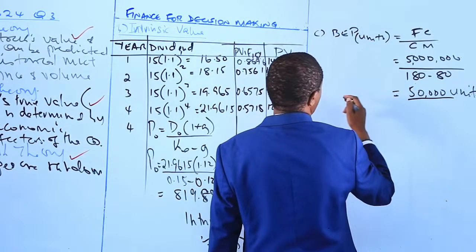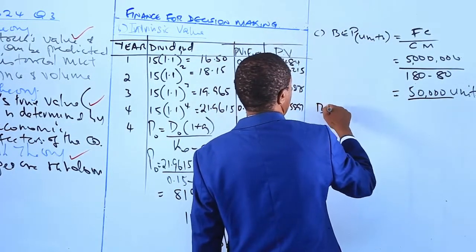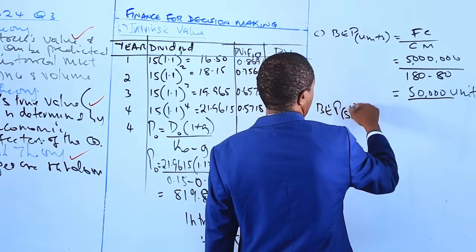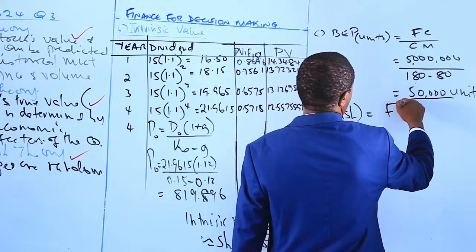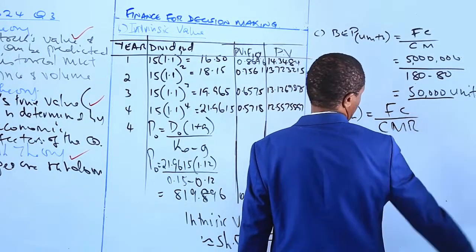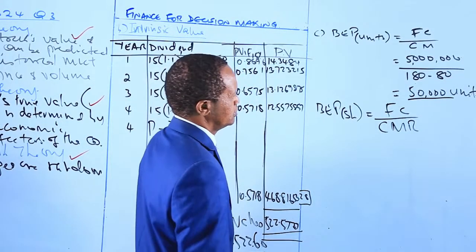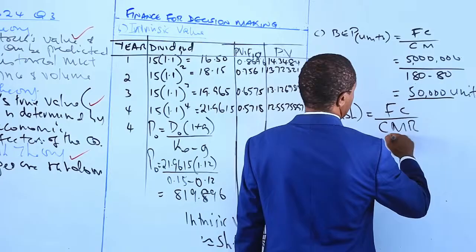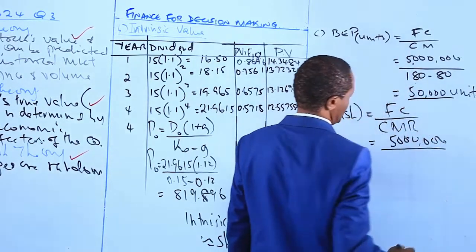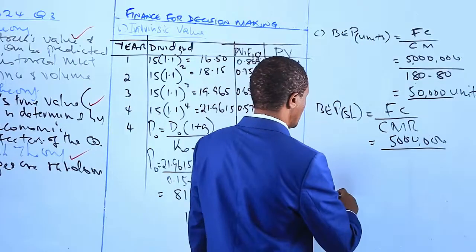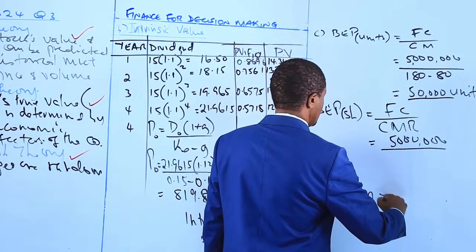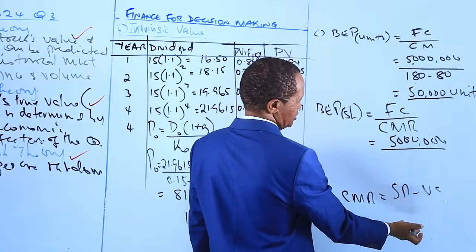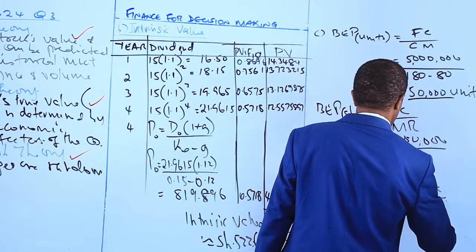Then to calculate the break-even point in shillings, that will be equal to the fixed cost over contribution margin ratio. So we are going to have 5 million over the contribution margin ratio. How do you calculate the contribution margin ratio? Contribution margin ratio is equal to the selling price minus variable cost, which gives us the contribution, then we divide by the selling price.